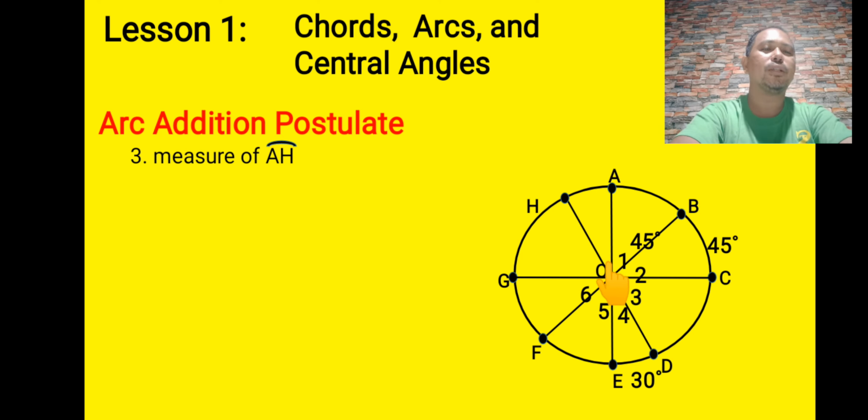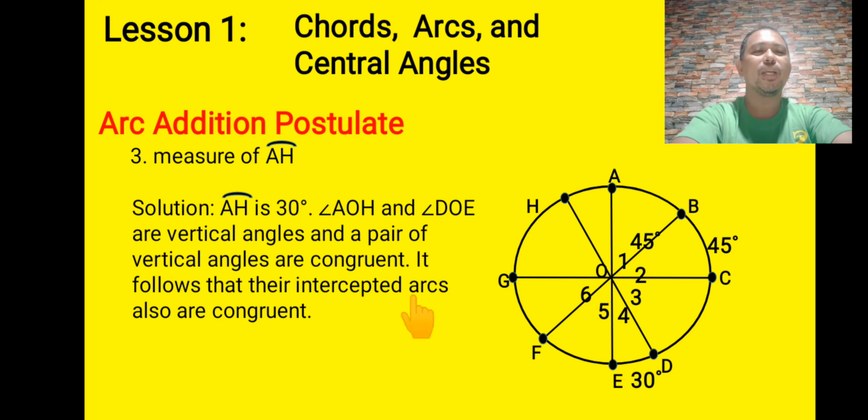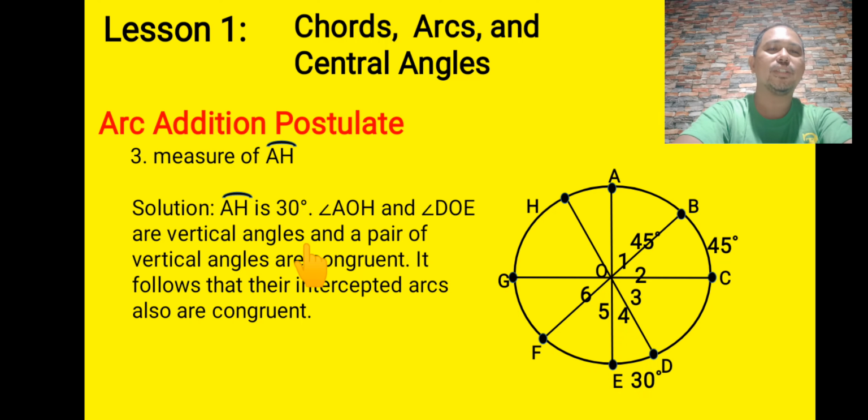Okay, just take note of the opposite. These are vertical angles. Okay, so solution, arc EH is 30 degrees. Okay, we have here 30 degrees. And angles AOH and DOE are vertical angles. And a pair of vertical angles are congruent.